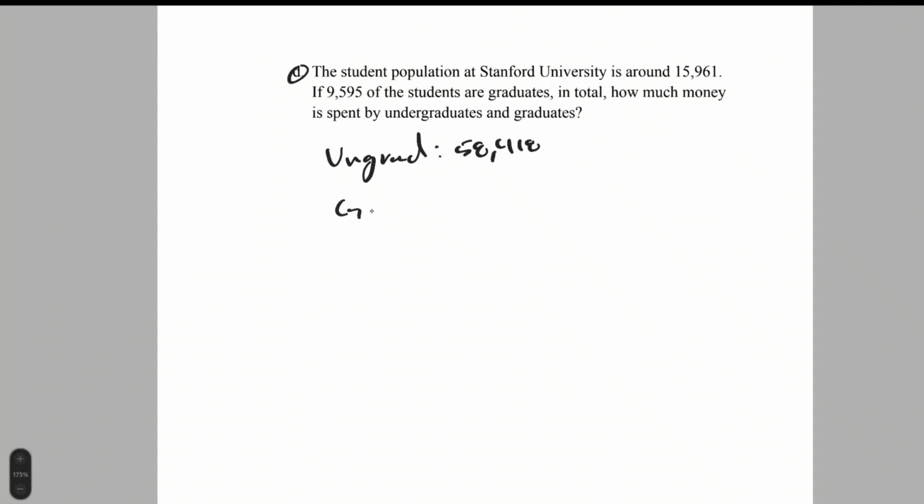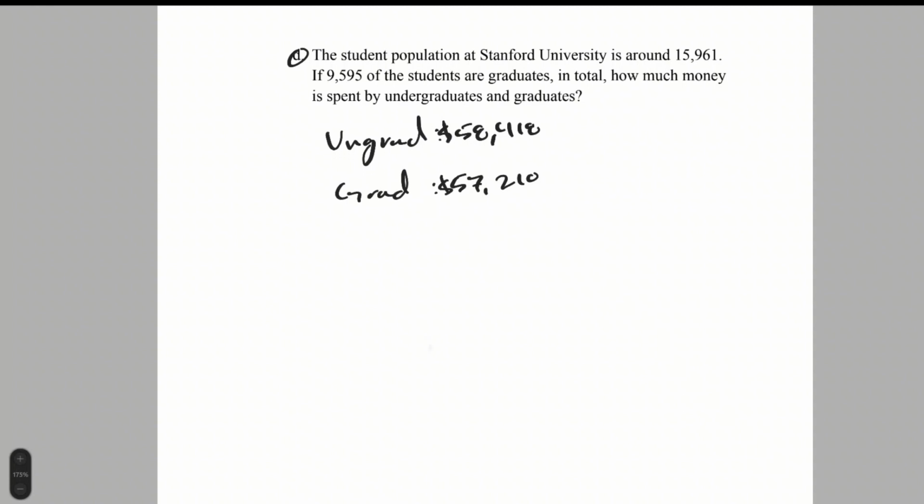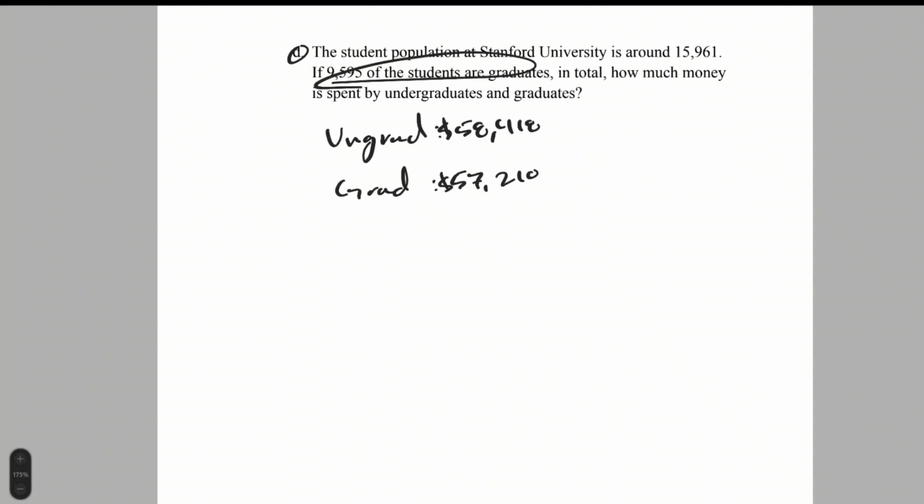And the average grad pays around $57,210. All right, we're given the number of graduate students, 9,595. So we will just multiply it by the price of being a graduate student.